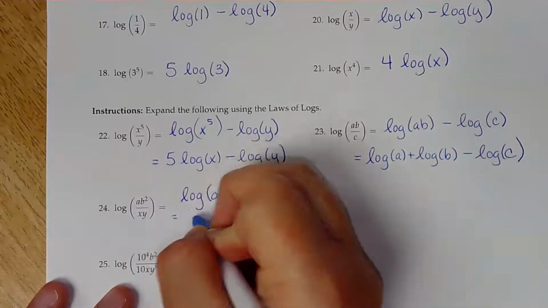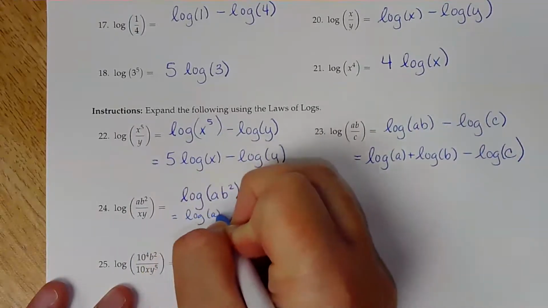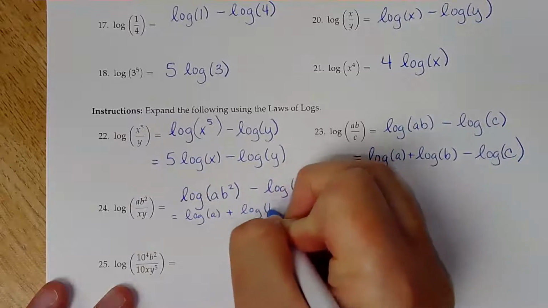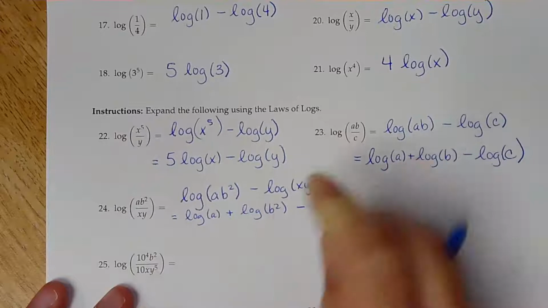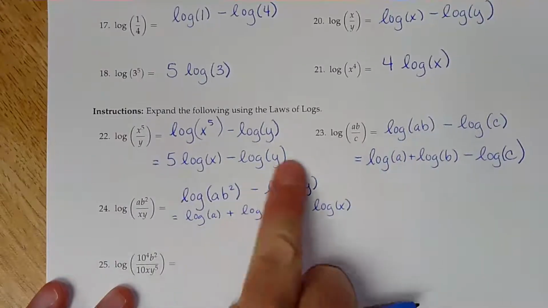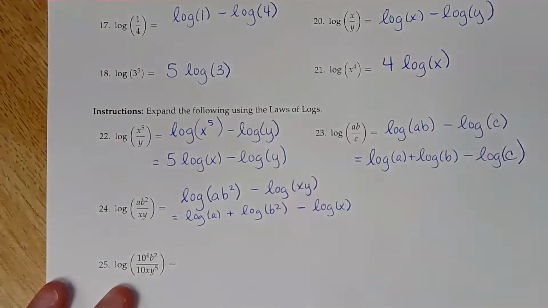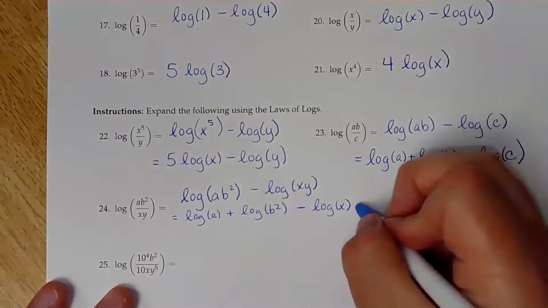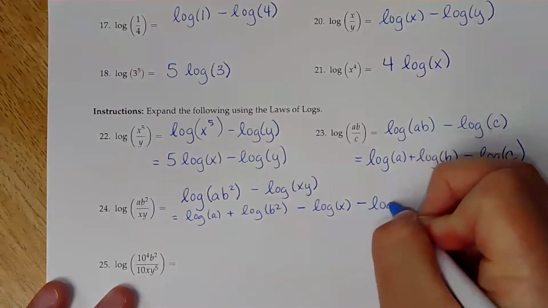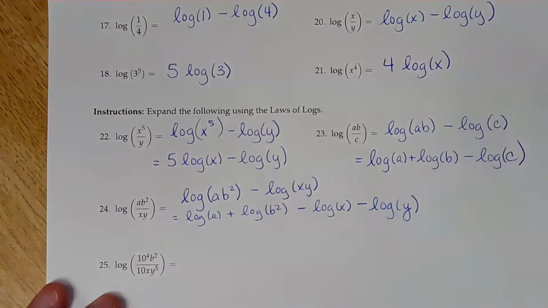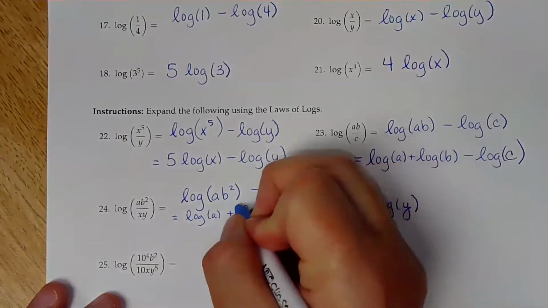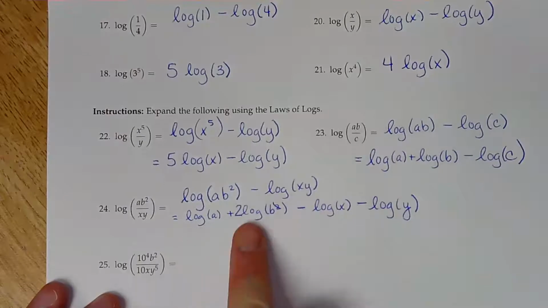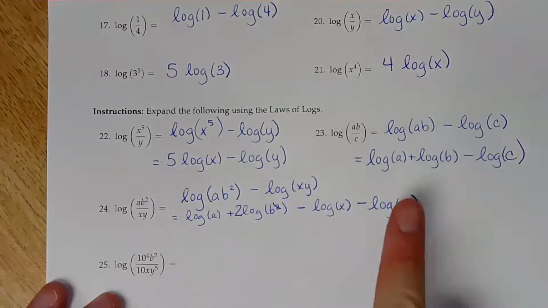And that gives me the log of A plus the log of B squared minus the log of X. And this minus gets distributed to both of these. So if I have minus the log of XY, it'll be minus the log of X minus the log of Y also. And then I can bring this 2 down in front here.